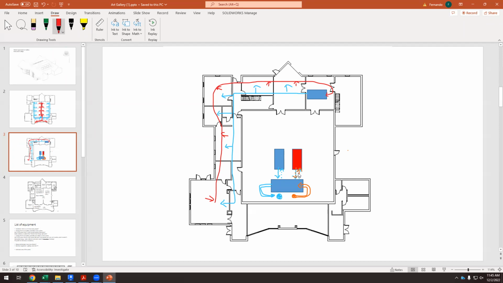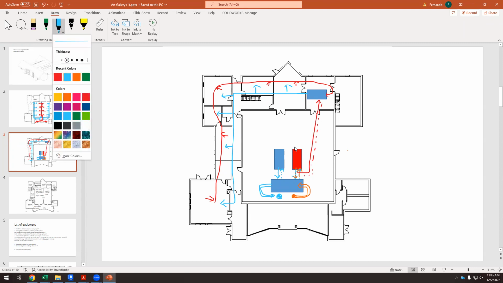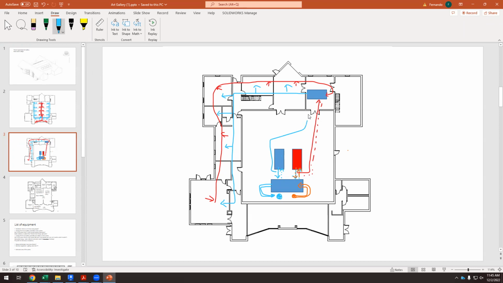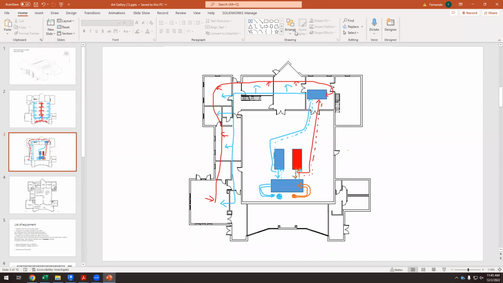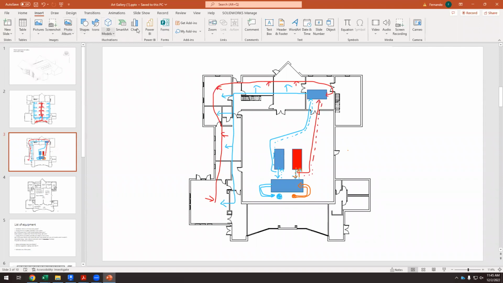And somehow I have to connect this to the heating coil. And I can connect this to the cooling coil. Okay. So here I have text.